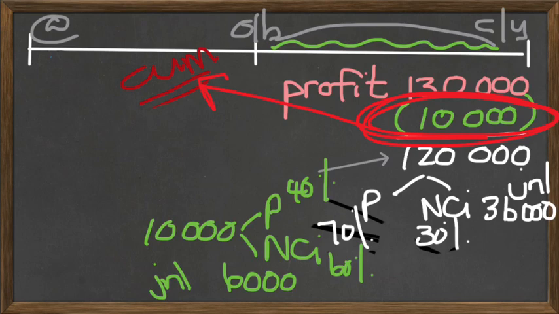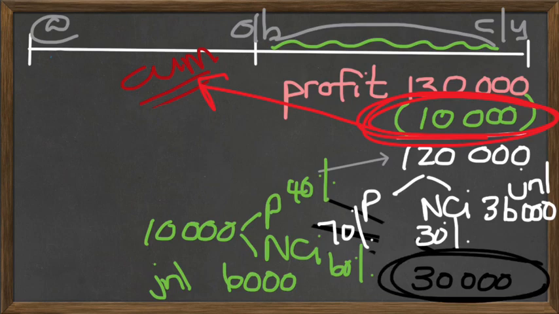The actual dividend that was declared in X10 is the 30,000 Rand. And that is the actual dividend declared by S, which will lead to an intra-group consolidation journal entry where we have to eliminate the effect thereof.